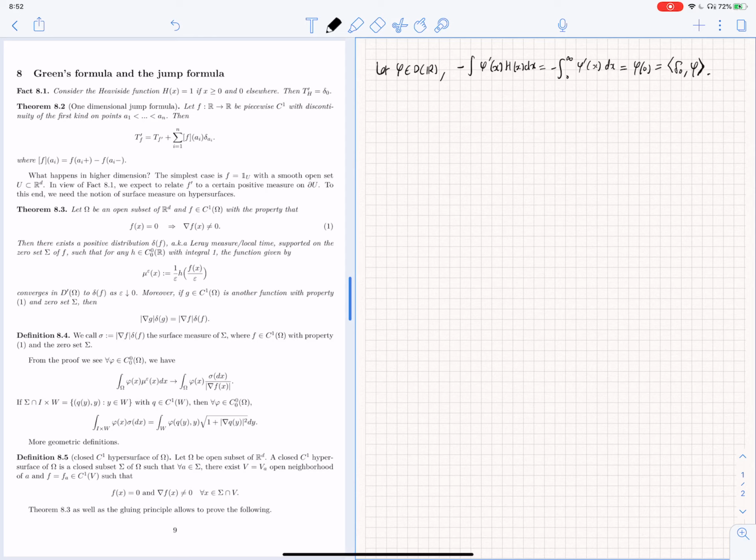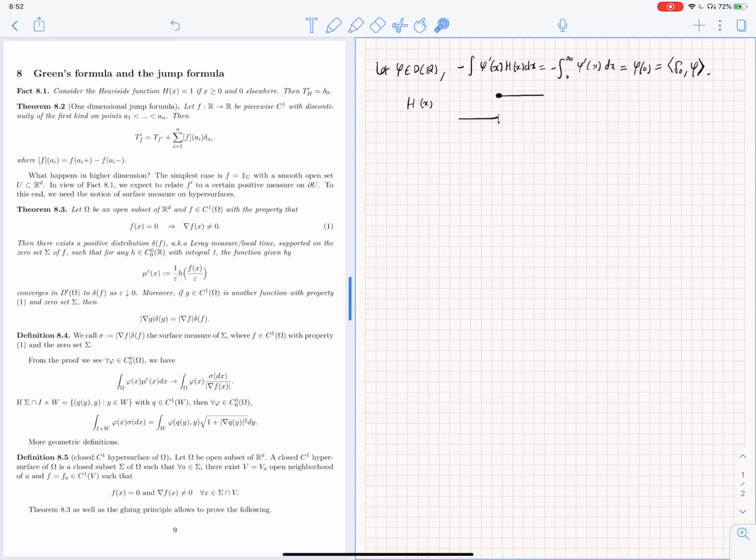So this actually gives a prototype formula for what we want to show. This is the Heaviside function H(x). It has a discontinuity of the first kind, meaning that it has a jump at the point 0. And the derivative is a point mass at this point of jump.